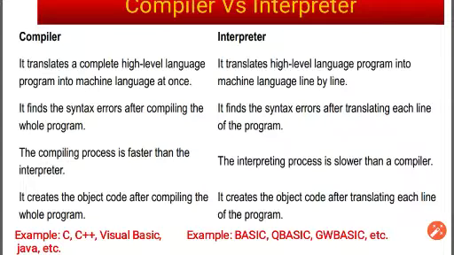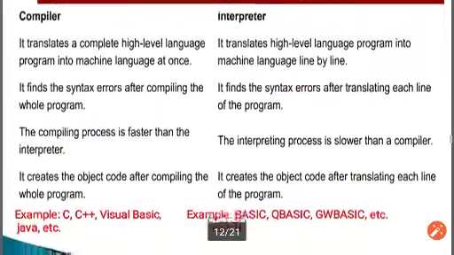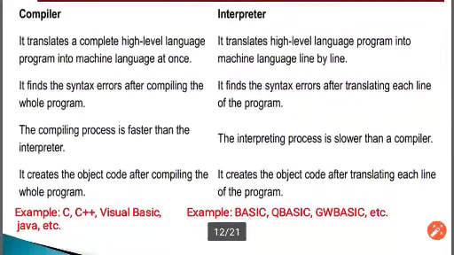So who will be faster? Obviously you, because you have read the whole story and then told the meaning, basically the summary, whereas the other person reads one line and then interprets, again one line, then interprets. So this is the same work done by the compiler and the interpreter.